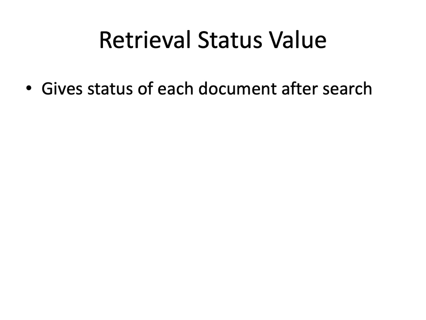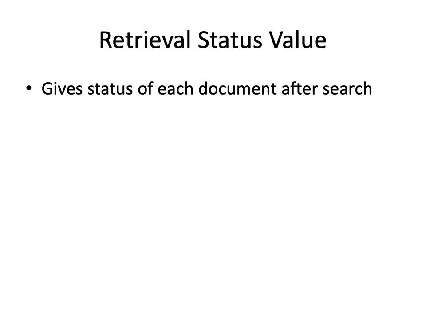Retrieval status value. This is a term that seems to confuse a lot of people. It's a fairly simple notion, but it's a set of words we don't usually use. So what we can say about the retrieval status value is that that value gives the status of each document after a search has been accomplished.